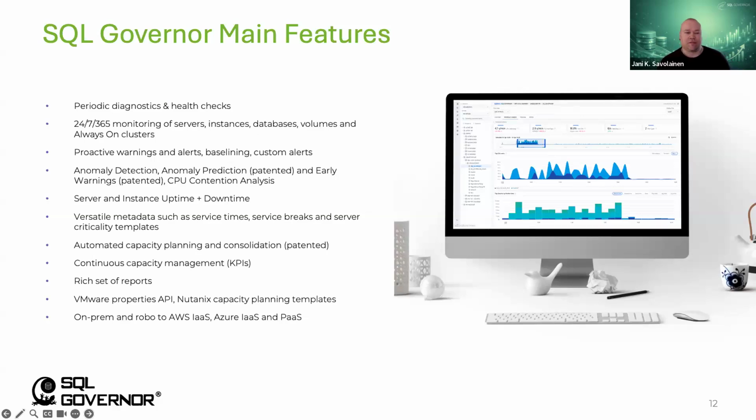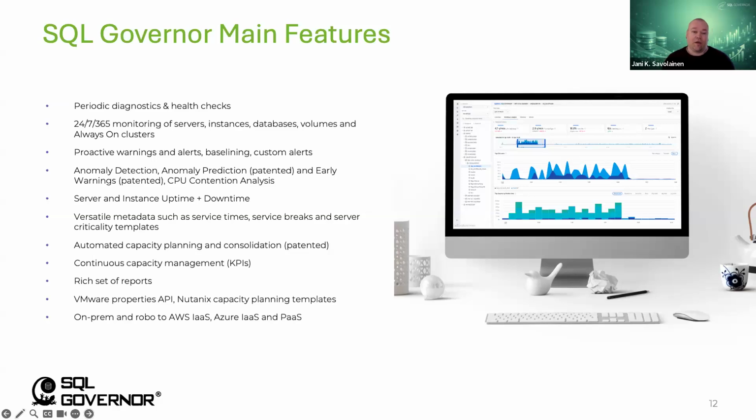You're able to check the instance configurations, the database options, and signal wait versus resource wait ratios on the wait stats. Then you're able to see the missing indexes, unused indexes, and fragmented indexes, all the basic diagnostic stuff. Then you're able to see all the time the monitoring status of the servers, instances, databases, volumes, and of course the Always On high availability clusters.